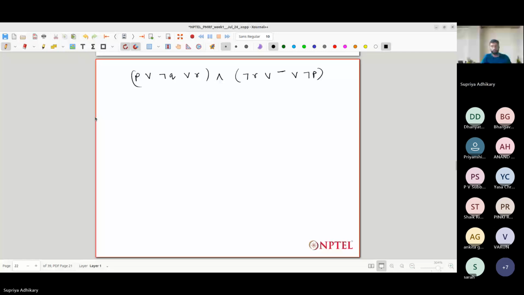Then change the first one. Write Q, and so the disjunctions are replaced with conjunctions, and conjunctions are replaced with disjunctions.